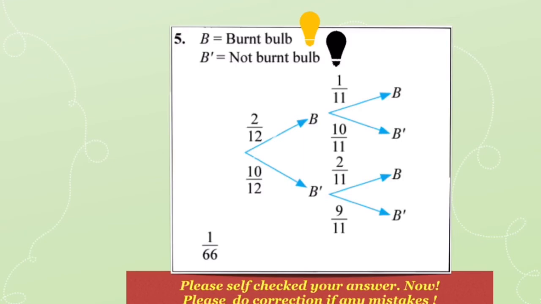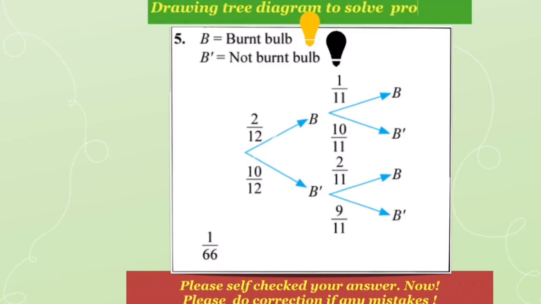Okay, this is a tree diagram. First of all, we assign letter B as burnt bulb and B prime as not burnt bulb. So we start with a dot, branch out with the burnt bulb. The probability for the first burnt bulb to be chosen is 2 over 12.